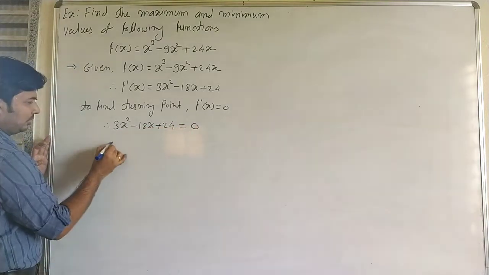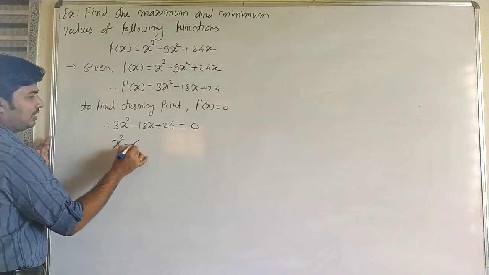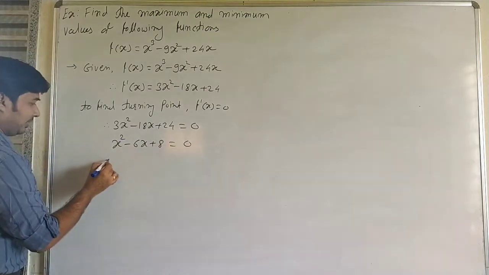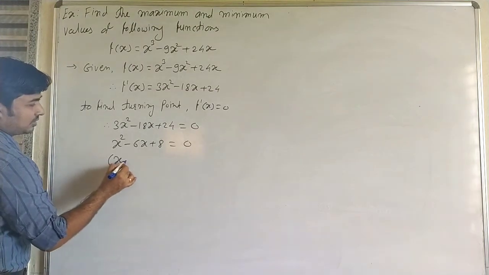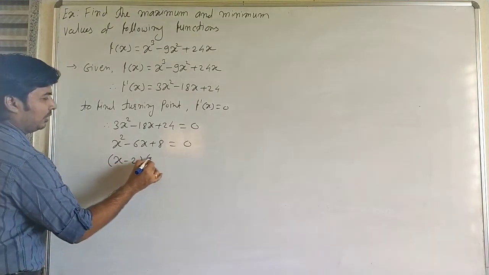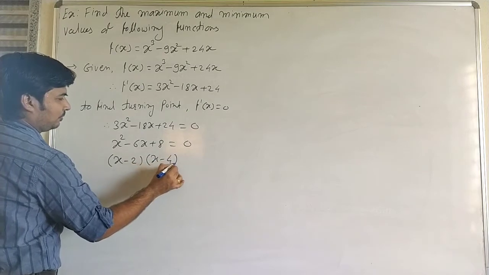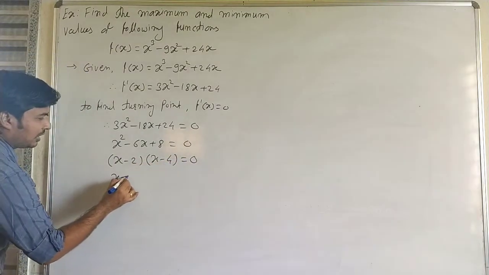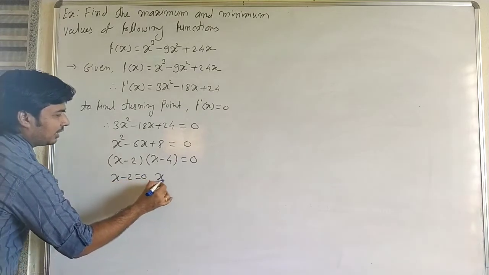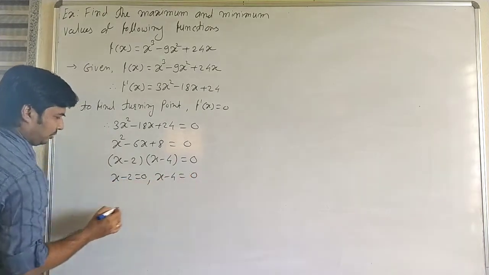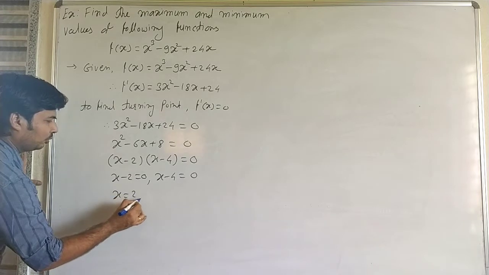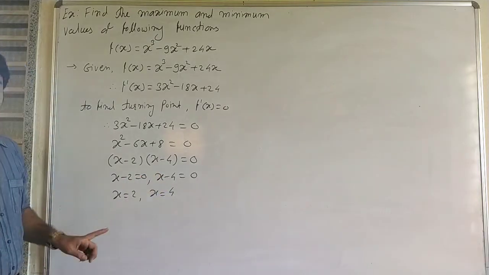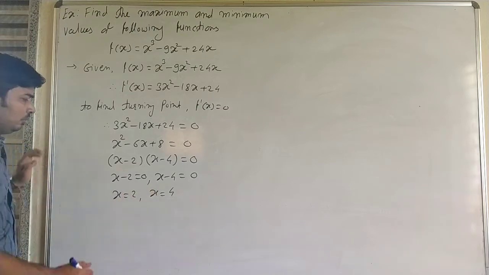Again 3 is common, so it is x square minus 6x plus 8 is equal to 0. Then take the factors: x minus 2 and x minus 4 is equal to 0. Then x minus 2 equal to 0 and x minus 4 equal to 0. Therefore x is equal to 2 and x is equal to 4 are the stationary points.